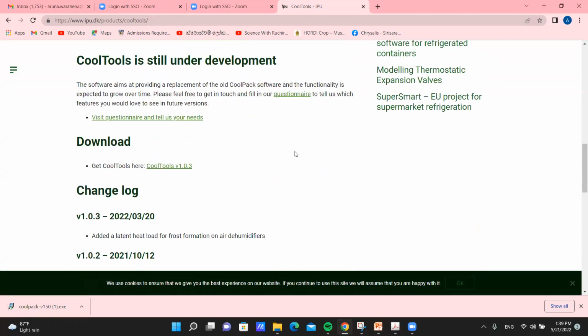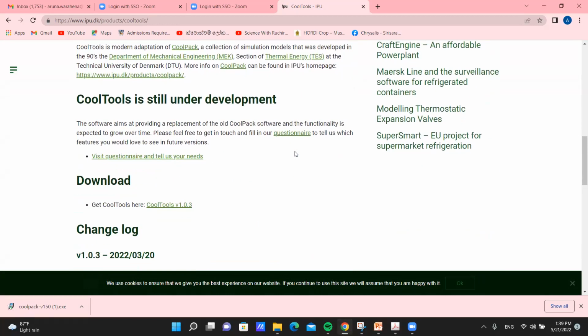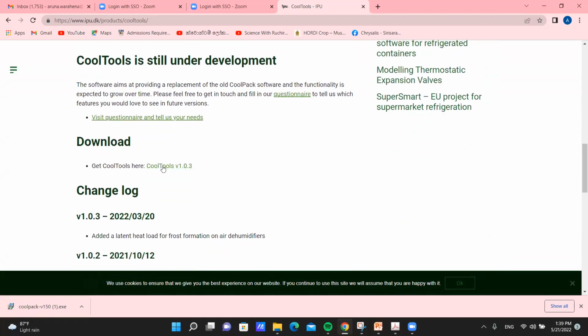So this one is still under development. There is the Cool Tools also, because for some simple work, you can use this. These are mainly the databases.